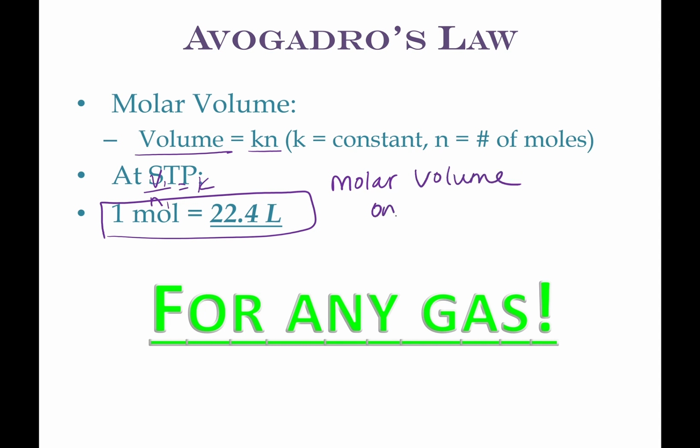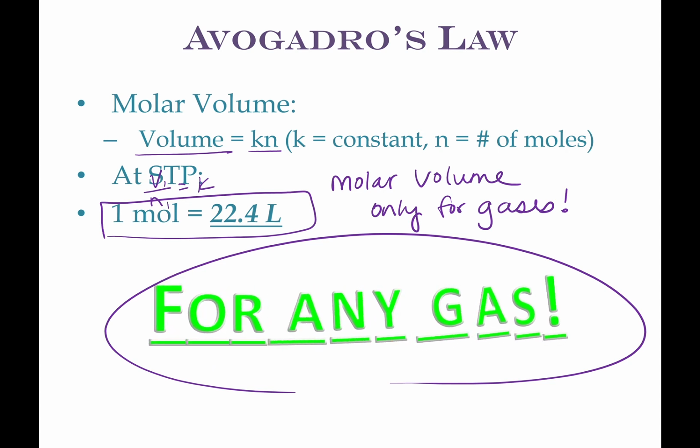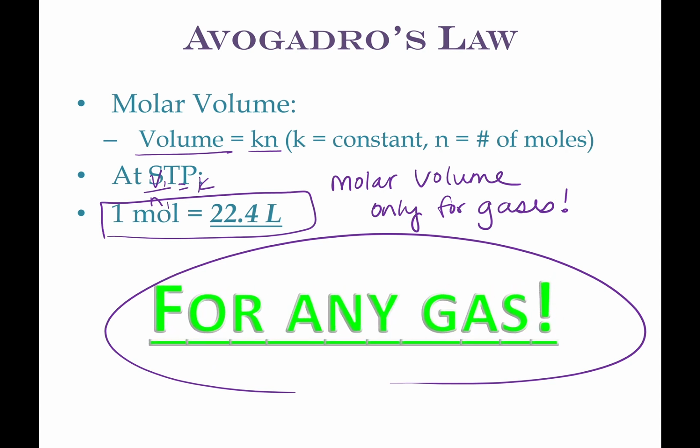It's only for gases. Can't use it with liquids. So 1 mole of any gas, because all gases are going to have the same behavior, is equal to 22.4 liters. This is going to allow us to convert from moles to liters.